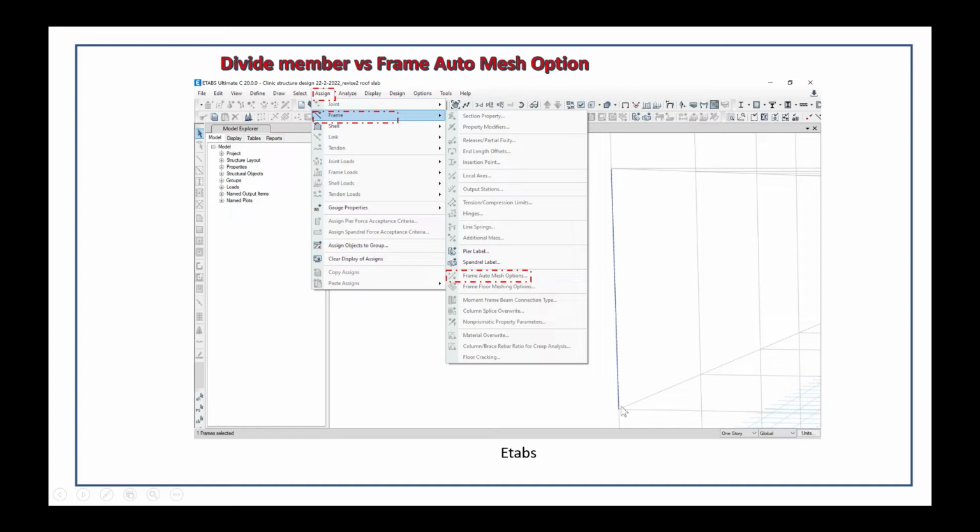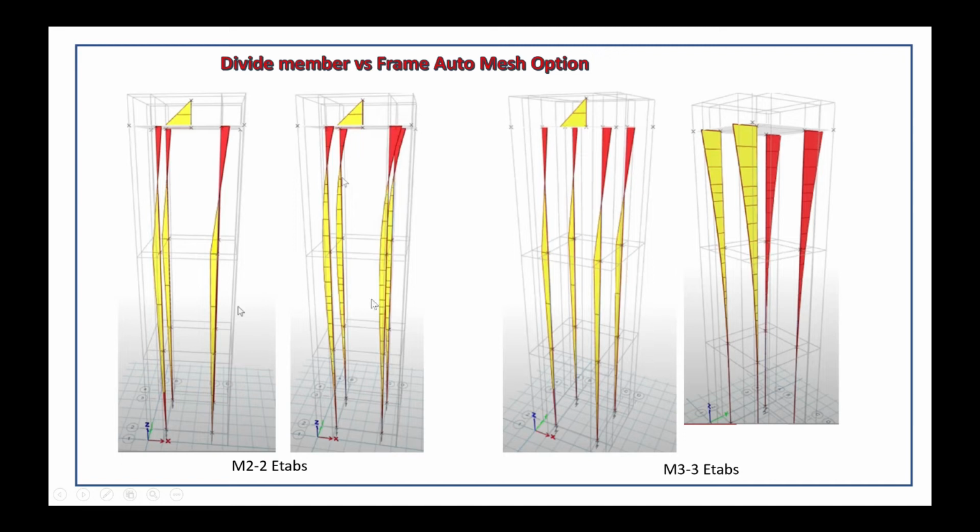You can divide the column into, for example, 20 different segments. It is really hard to divide your column manually, so you use the option to assign the mesh in a single element. You can compare the results when you do not assign the mesh.